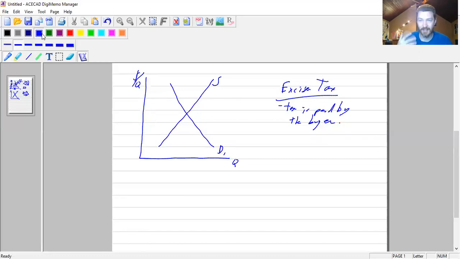The law could be written either way, and you can actually find laws in the real world where it's paid by buyers. You can find laws where it's paid by sellers. Here's the price initially, just like before. Here's the equilibrium quantity initially, just like before. So, start out here at point A.